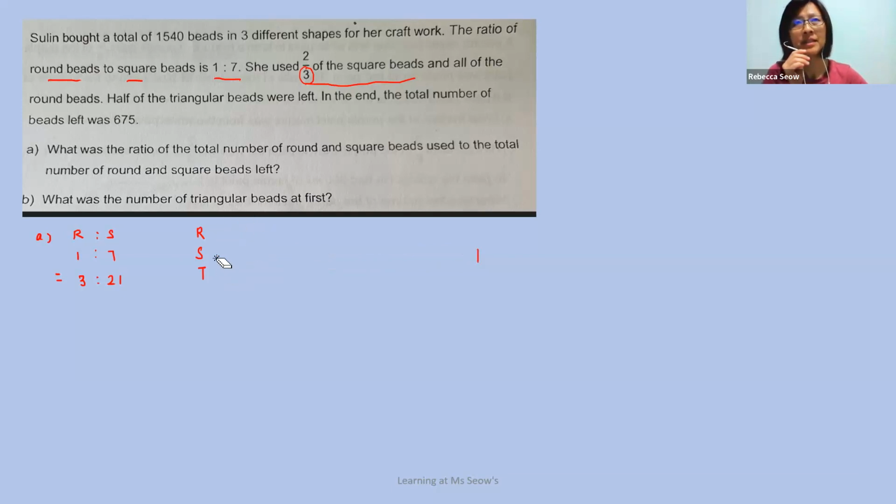Okay, pardon me. Let me redraw it. This would be my 3u. Under square, I will have to draw out what it means by 21u.